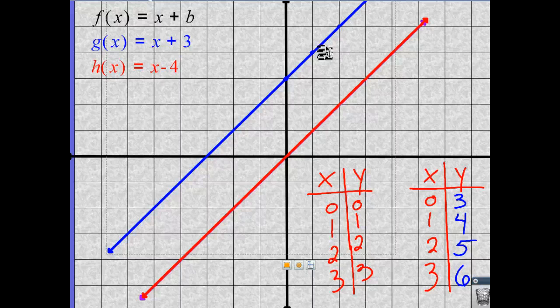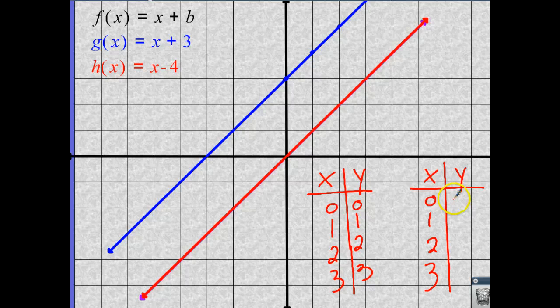Now, if I look at the next function, h of x equaling x subtracted by 4, you could assume that you're going to take your parent values and then you are going to deduct 4 from your x's. So how would that look?